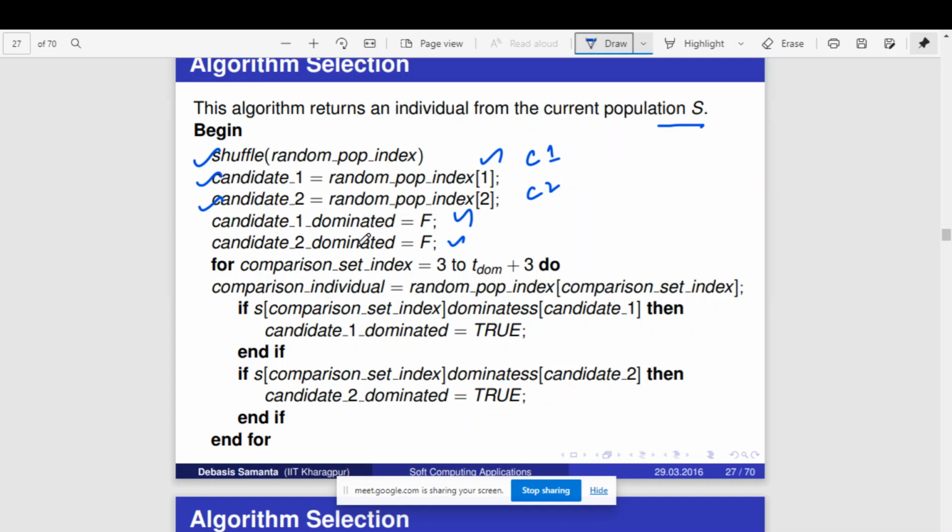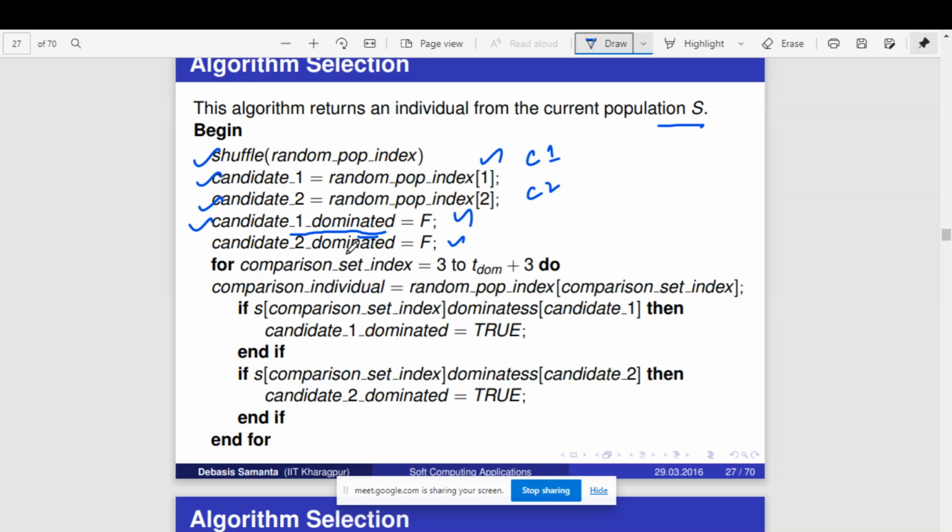So what this statement says is, initially we are assuming that candidate 1 is not dominated. It checks whether candidate 1 is dominated by anybody or not. The algorithm assumes that initially nobody dominates candidate 1. Is candidate 1 dominated by somebody else? Like that it is checking.